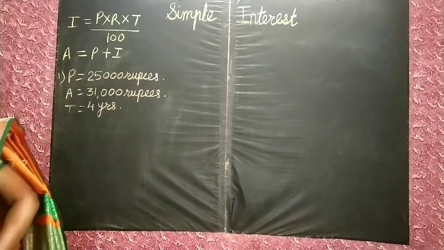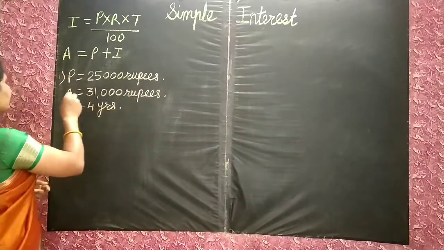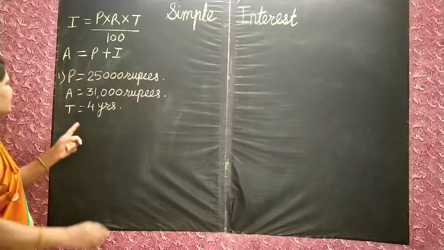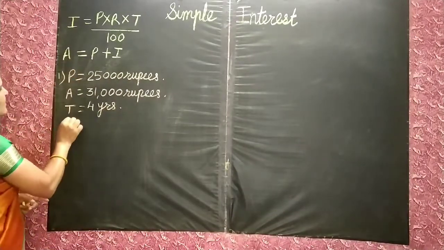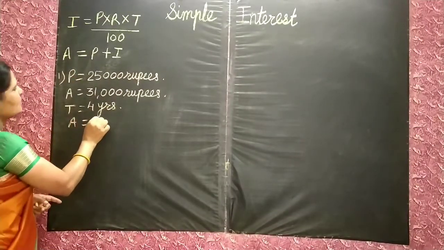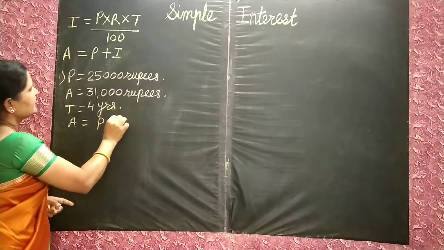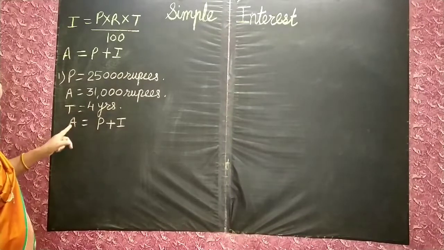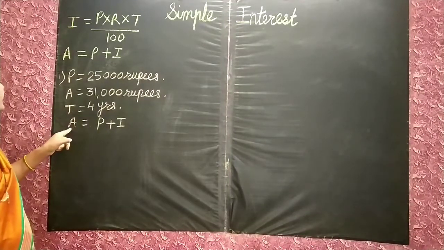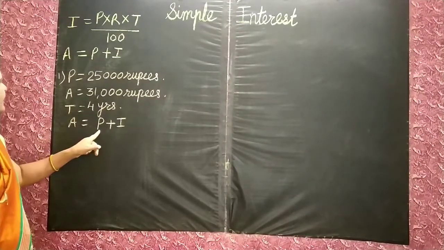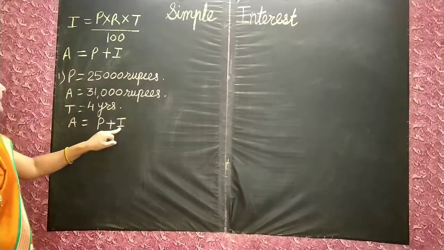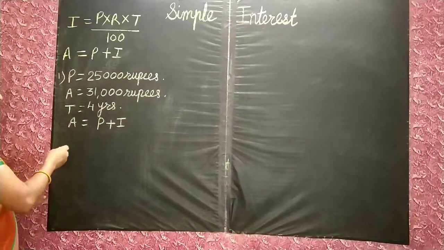For that we'll write the formula first. Which formula are we going to write first? We have to find the interest. Amount is equal to principal plus interest. Amount is given, principal is given, interest is not given here, so first we'll find the interest.